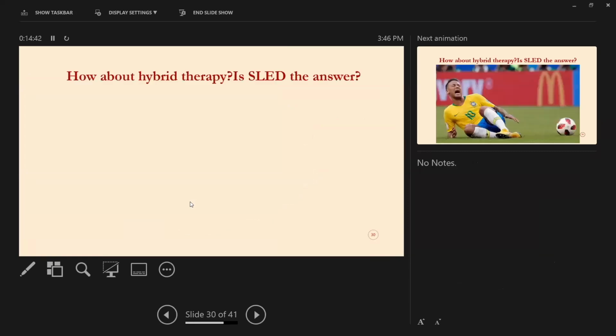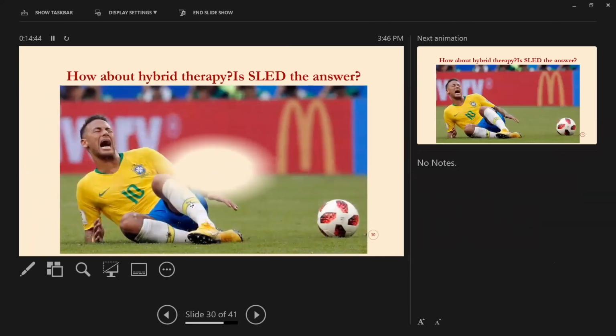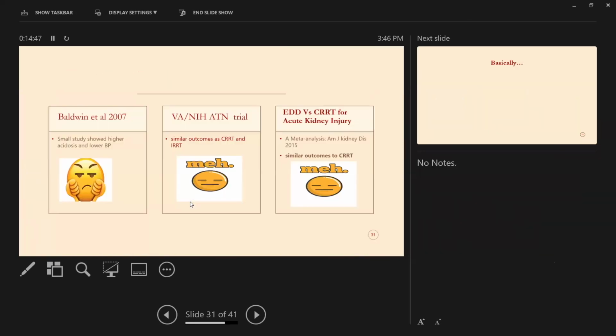How about hybrid therapy? Is that the answer? According to the literature, there are 3 studies. Baldwin et al. in 2007, a small study, shows higher acidosis and lower BP.